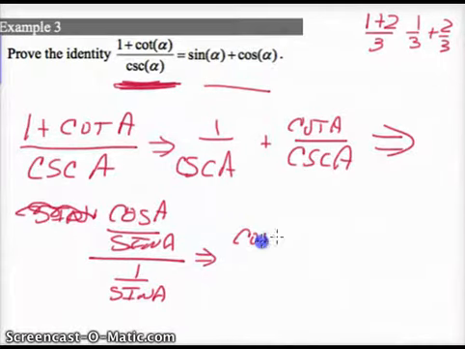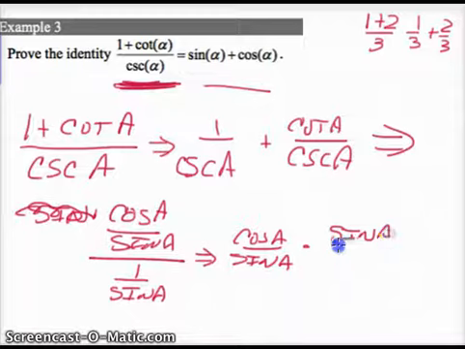That's going to be cosine of A over sine of A times what? That's exactly right. Sine of A over 1. And guess what? These guys are going to divide out, and I'm just going to be left with what? Cosine of A.